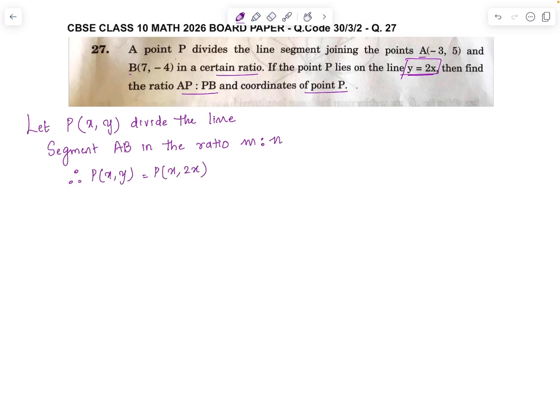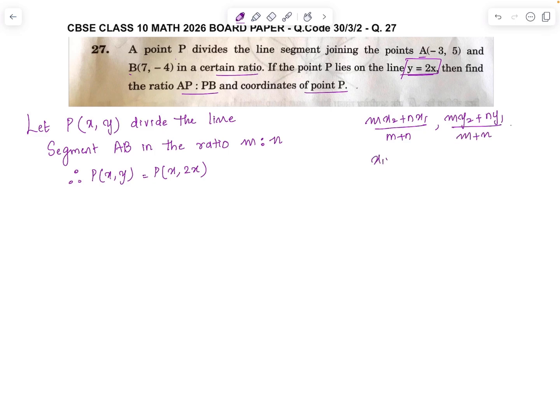Now let's apply the section formula to get the values for m and n. The section formula is given by (mx2 plus nx1) upon (m plus n), comma (my2 plus ny1) upon (m plus n).